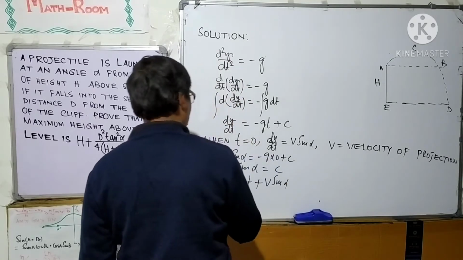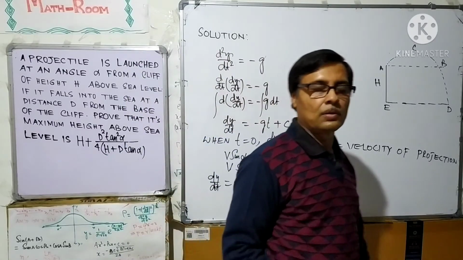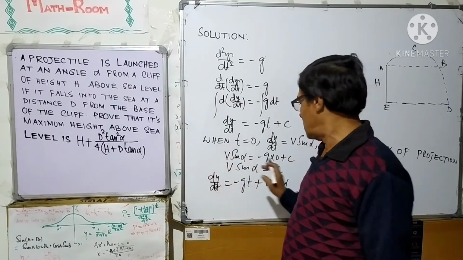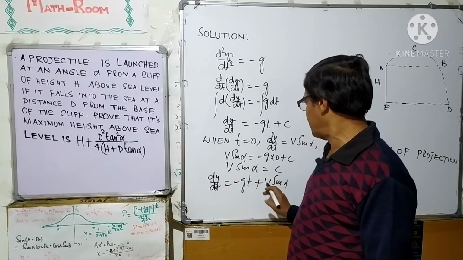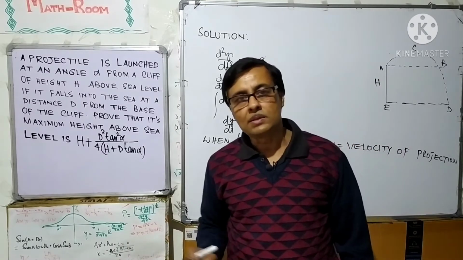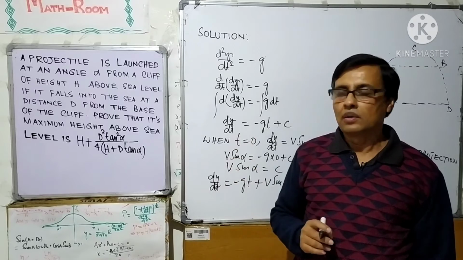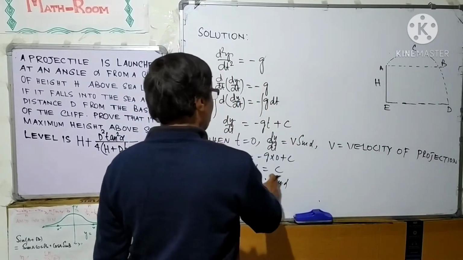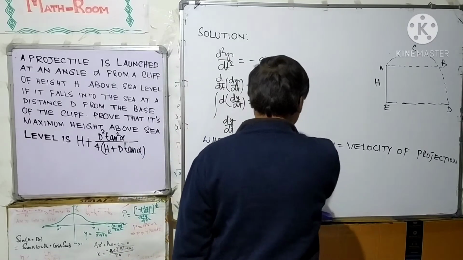This is the vertical component of velocity at any time t, and at t equal to 0 it is the initial vertical component of velocity. So, dy dt equal to minus gt plus v sin alpha.